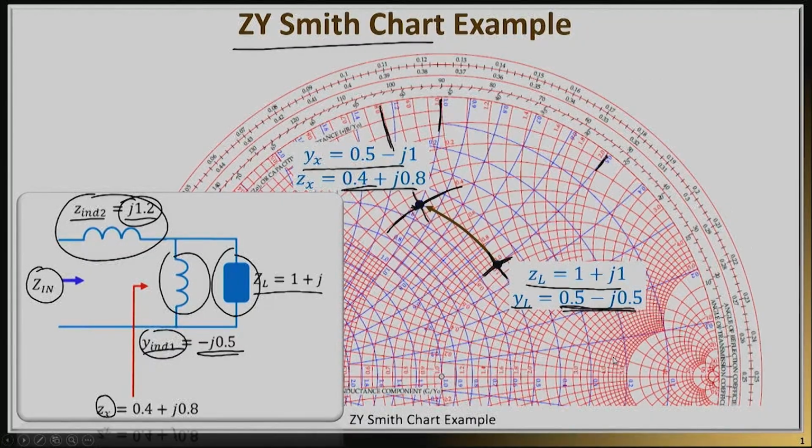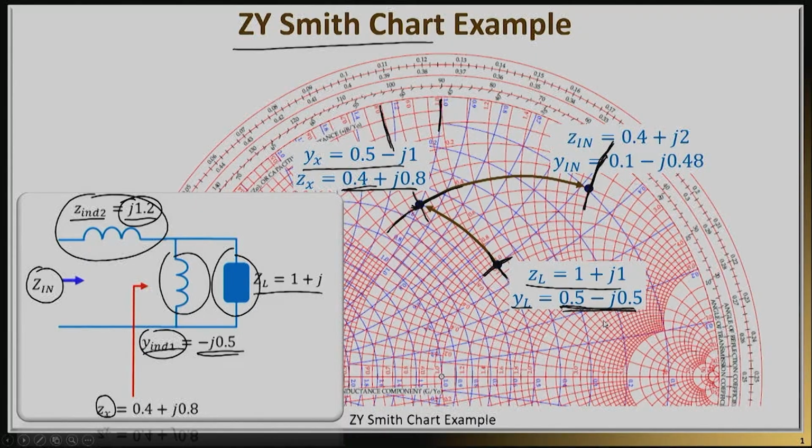So what I have to do is keep my real part constant. So I have to move along this circle here with a real part of 0.4 constant, and move far enough until I hit this circle right here that has an imaginary part of 2. So that means that my ending point, my Z in, has a 0.4 plus j2 impedance.